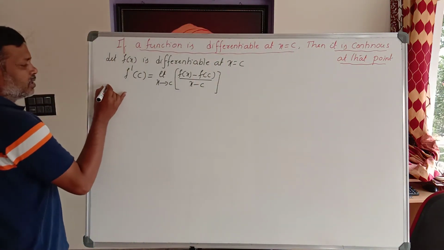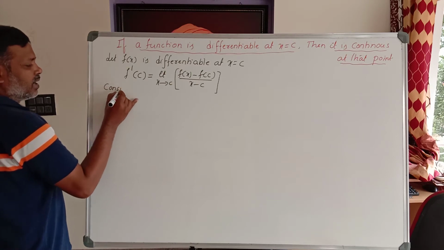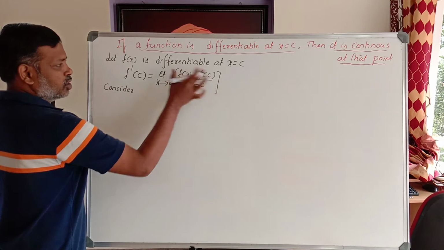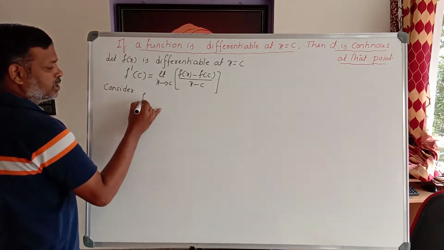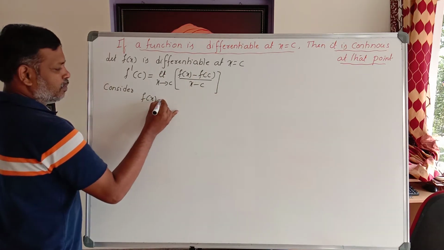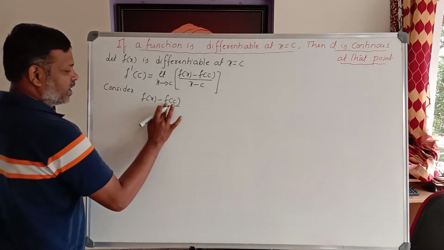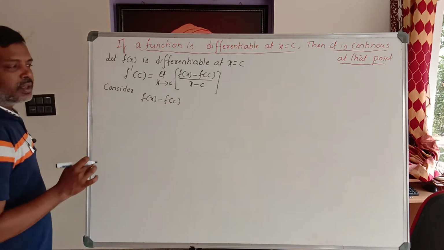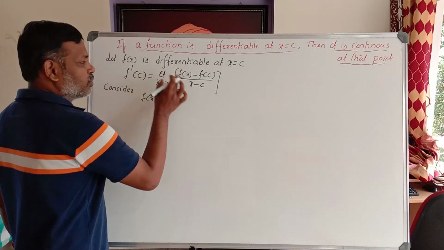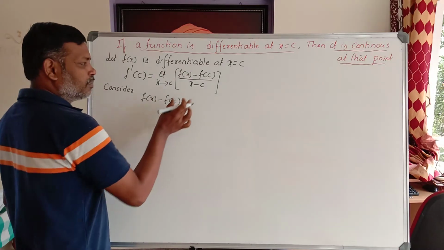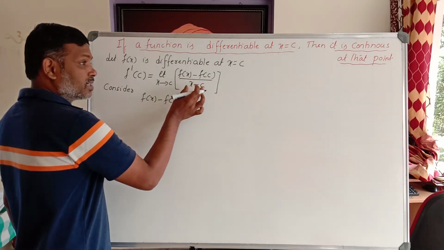For this I am considering the numerator part. What is the numerator part? f of x minus f of c. Now I am going to write this in terms of x minus c.